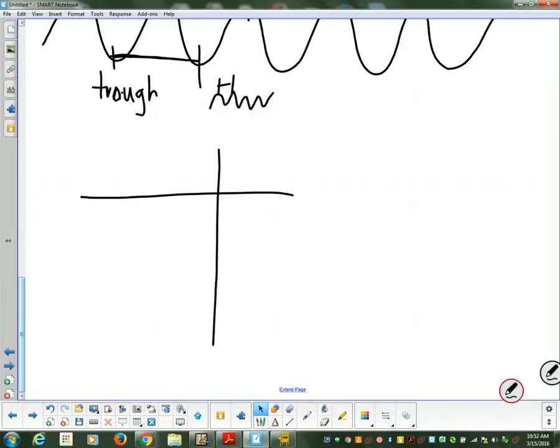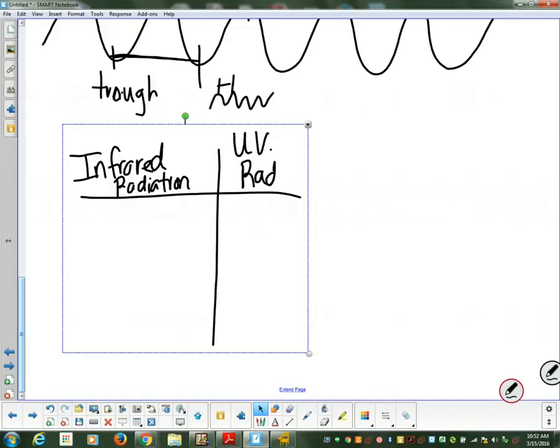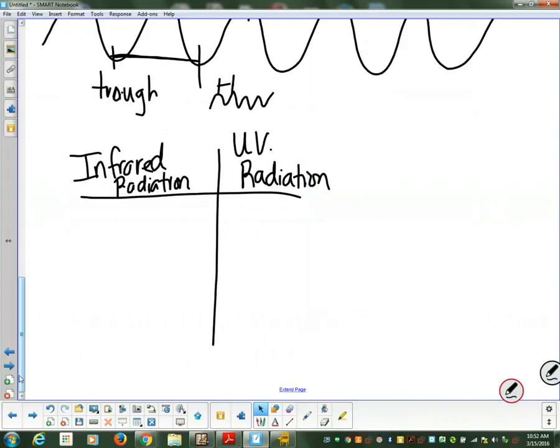We said we have what is called infrared radiation, and we have UV radiation. Okay? Some of the things that they have in common with each other is that they are both not visible.